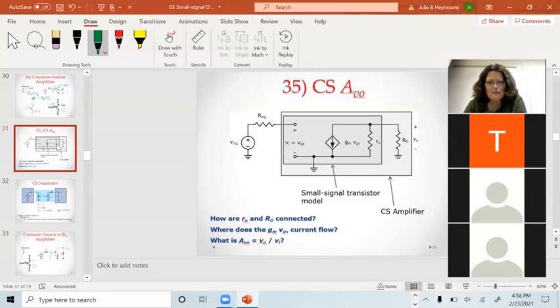We did this. RO and RD are connected in parallel because this node is grounded, so these are connected together. The current GM VGS flows through the parallel combination.